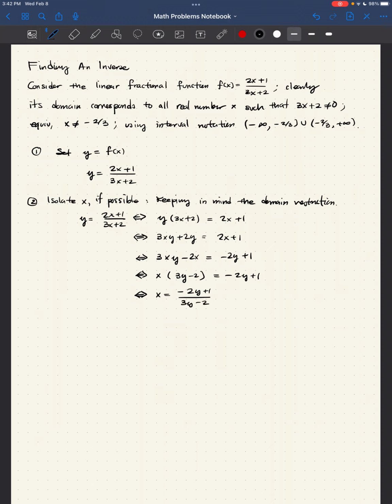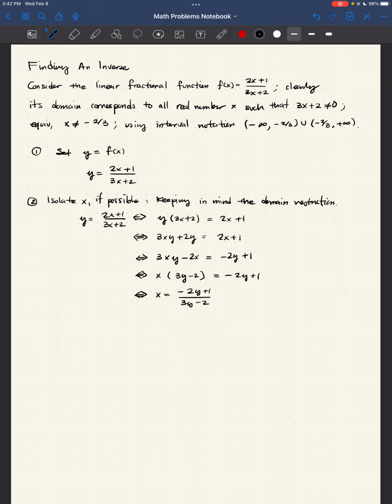Okay, boom. With this, we have an expression that indicates that we can write x solely in terms of y. So now, what we have done is that we express x as a function of y.